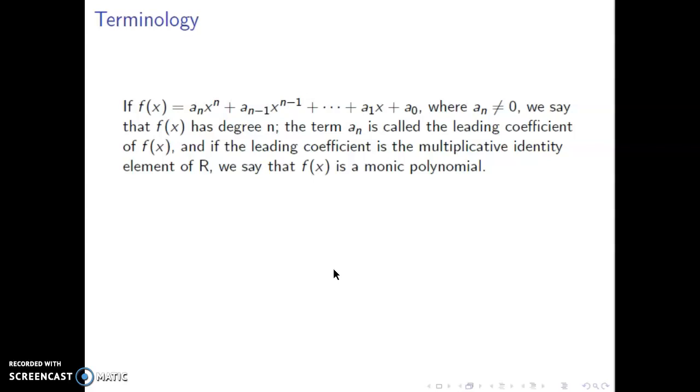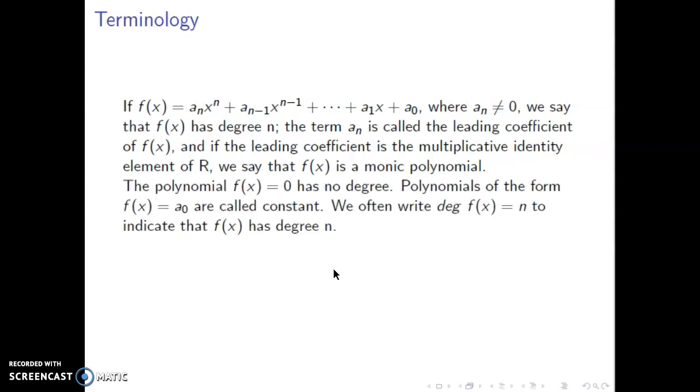If f(x) is a_n x^n + a_{n-1} x^{n-1} and so on up to a_1 x + a_0, where a_n is not equal to 0, we say that f(x) has degree n. The term a_n is called the leading coefficient of f(x), and if the leading coefficient is the multiplicative identity element of R, we say that f(x) is a monic polynomial.